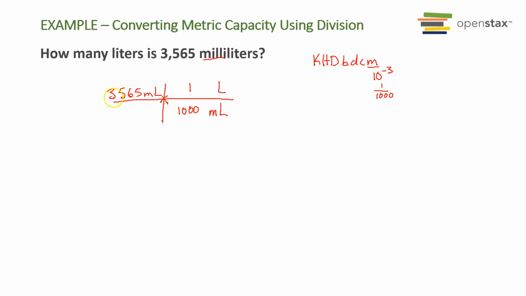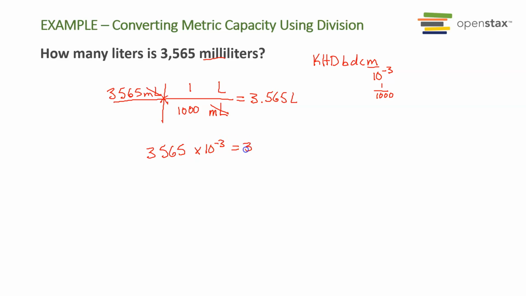So if we do 3,565 divided by 1,000, we're canceling these milliliters. And so that's going to be 3.565 liters. Now again, that would have been the same thing as doing 3,565 times 10 to the negative 3.